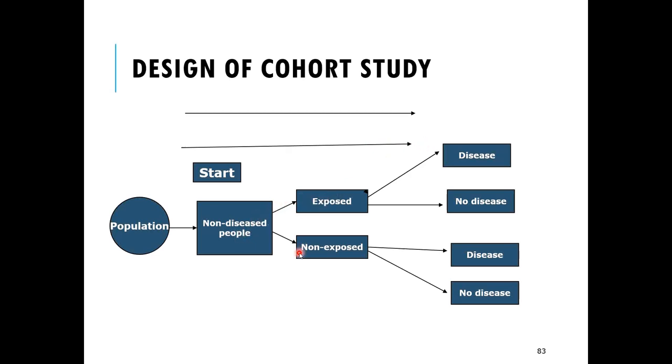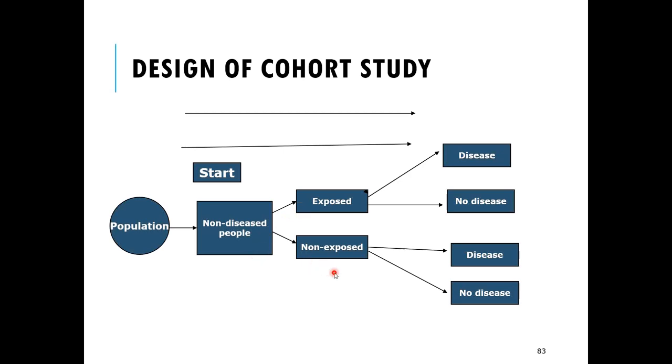Let me give you another example. For example, you want to find an association between the use of oral contraceptives and the development of cancer. Then you will take a normal healthy population in which some of them are exposed to oral contraceptive pills and some are not.